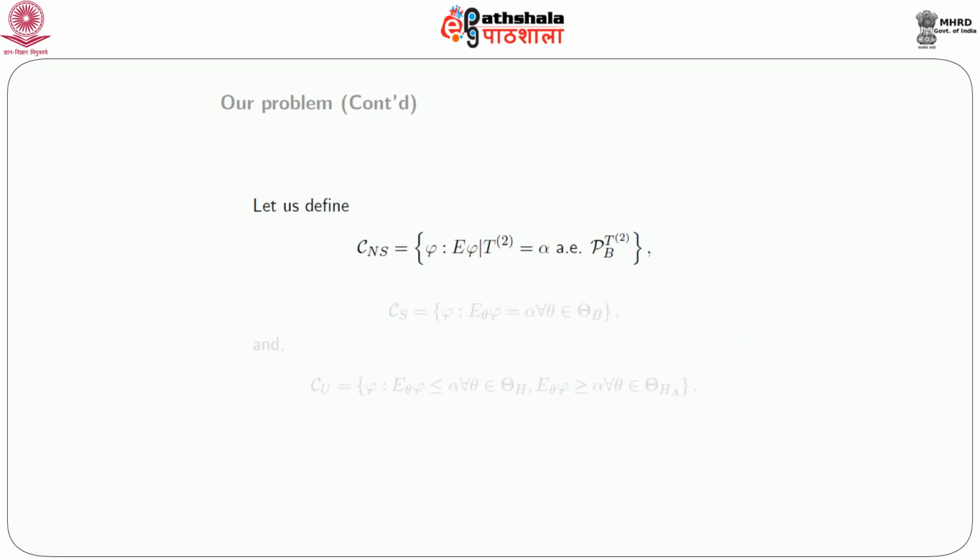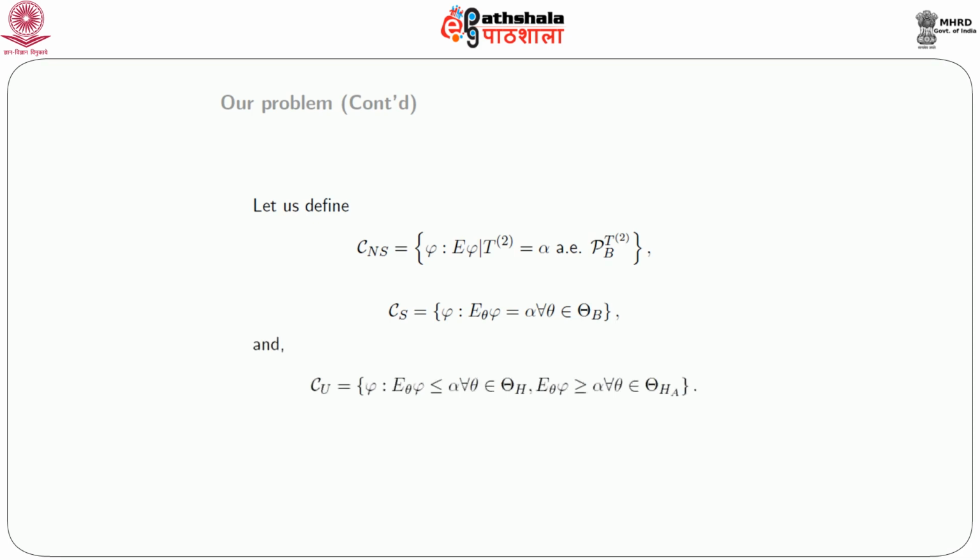Let us define CNS equal to the set of all phi such that expectation of phi given T2 is equal to alpha almost everywhere on script P_B T2. We also define CS, the set of all alpha similar tests on script theta B, and the previous class is the set of all tests having Neyman structure with respect to T2.